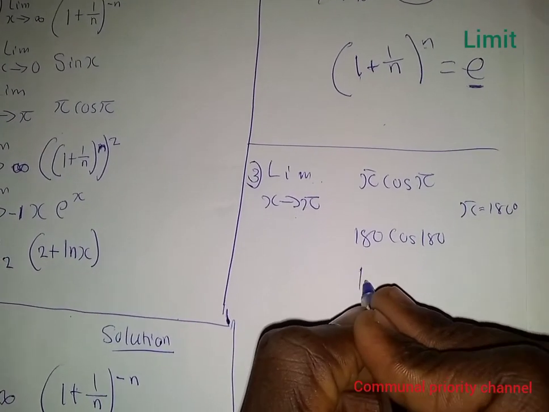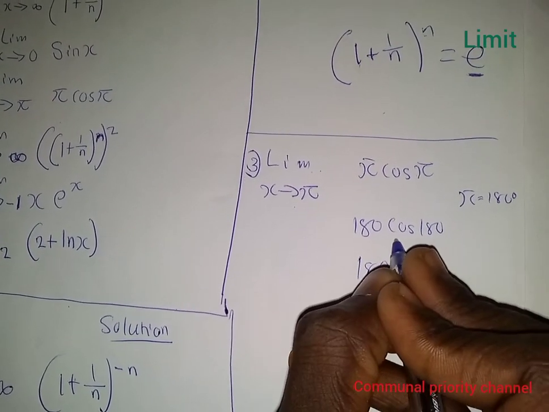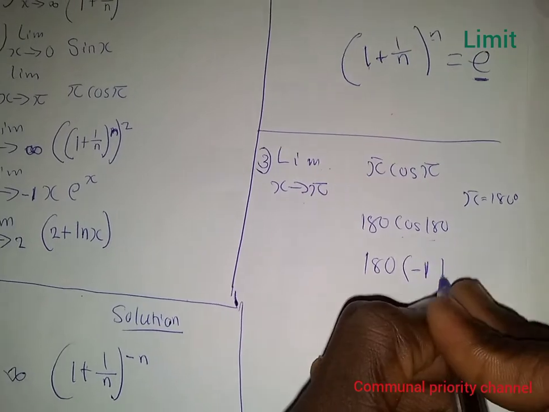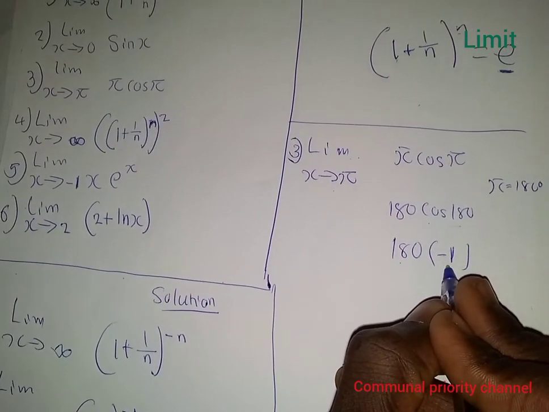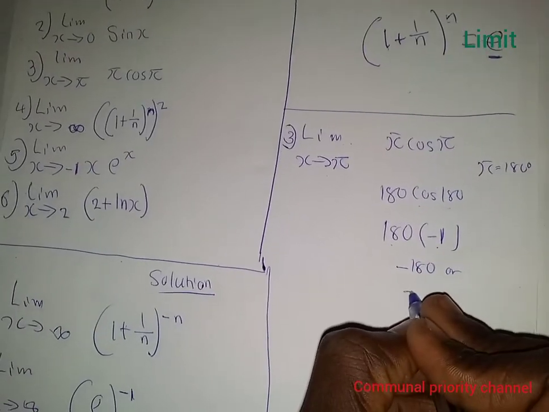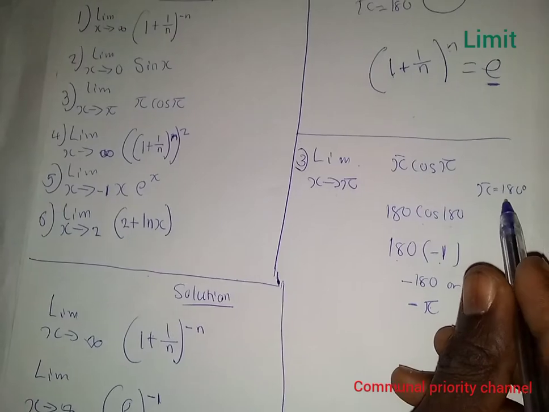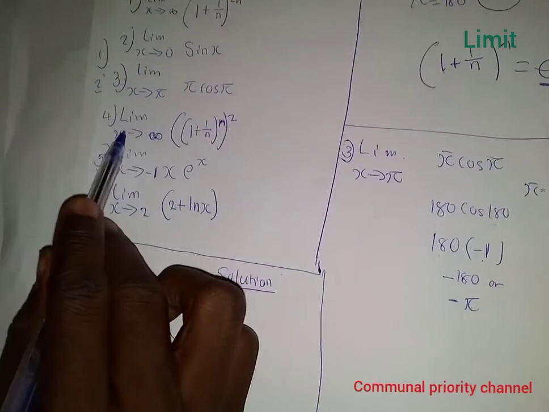So now we'll just say 180 multiplied by minus 1, because cos 180 is equal to minus 1. So therefore, 180 multiplied by minus 1 is equal to minus 180. Or you can leave your answer in the form of minus pi, because we already know pi is 180. So now we're moving to the next question, which is question number 4.